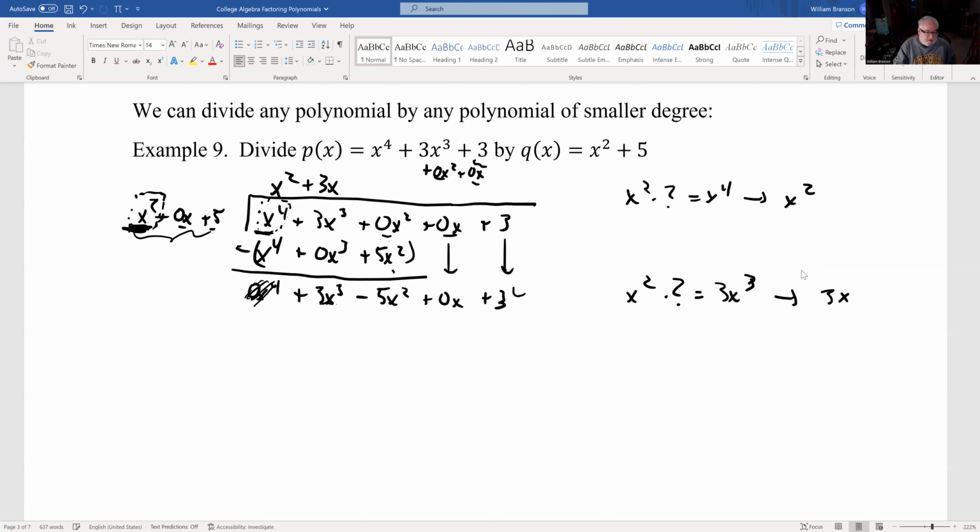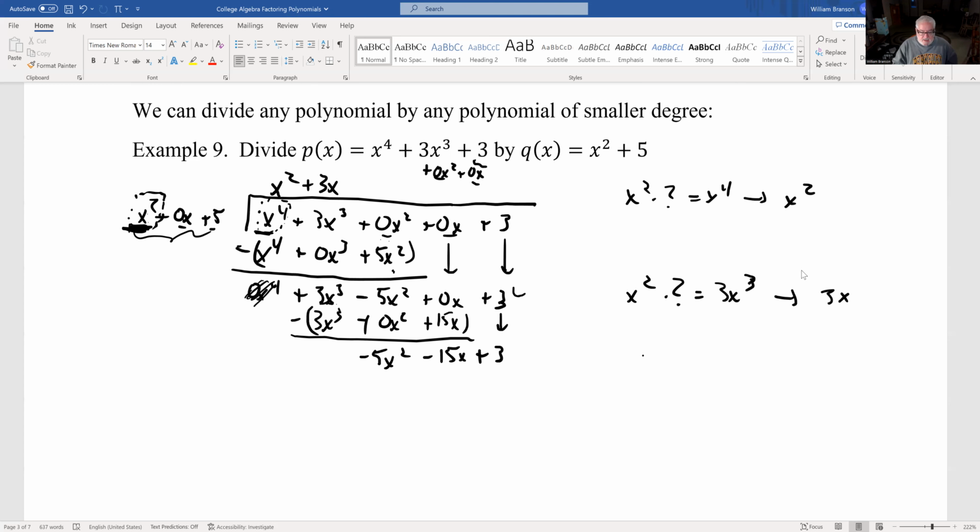So 3x times x squared is a 3x cubed. 3x times 0x is 0x squared. Actually, it doesn't matter because it's 0. And then 3x times 5 is a plus 15x. And we subtract. 3x cubed minus 3x cubed is 0x cubed. I'm not going to write that down because it's 0. Minus 5x squared minus 0x squared, that gives me minus 5x squared. 0 minus 15x is a minus 15x, and we bring down the 3.